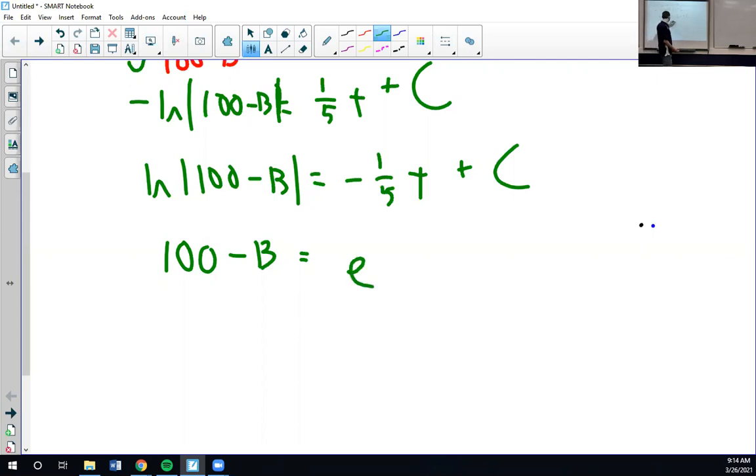And then here we have e to the negative 1/5 t plus c up in the exponent. And hopefully I can skip this step and you know by now that this c is going to jump out in front. It's e to the negative 1/5 t times e to the c, which is a big constant. C times e to the negative 1/5 t.